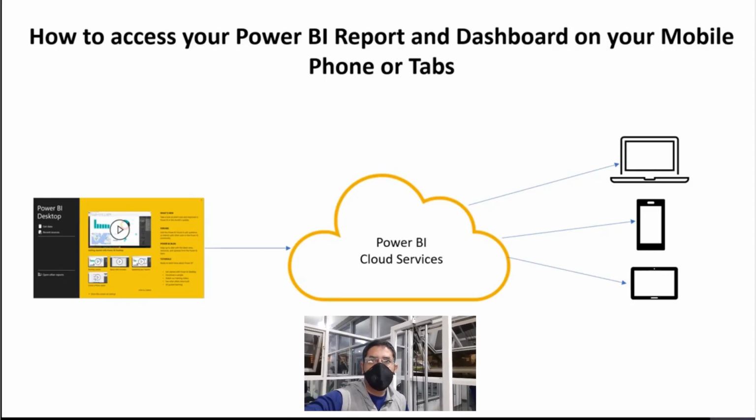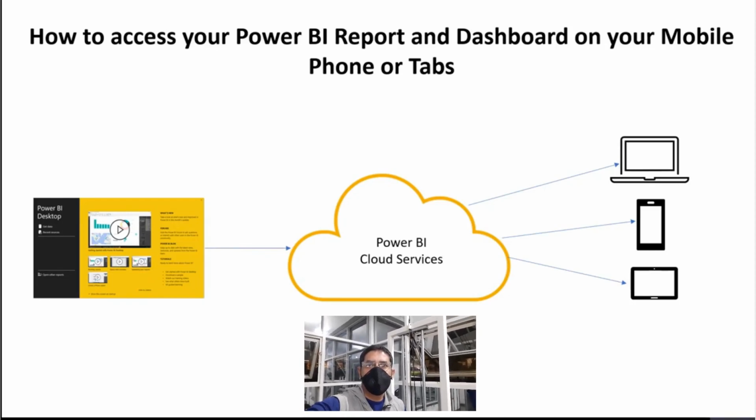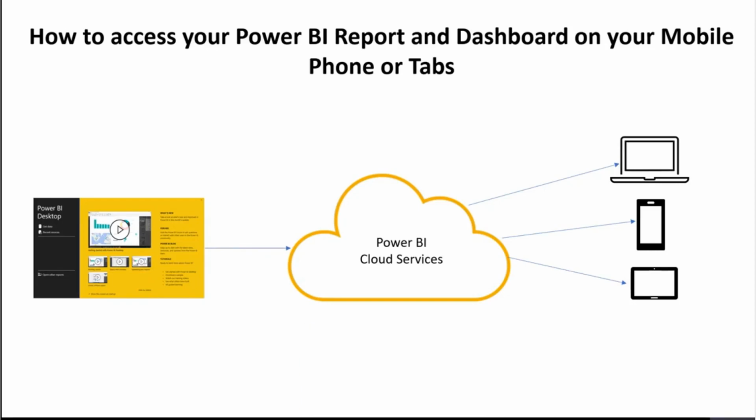In this video, I'll talk about how you can access Power BI reports and dashboards on your mobile phone or tablet. So here is my Power BI Desktop. We develop all our reports using Power BI Desktop. Once we develop our report, we publish it on the Power BI Cloud.